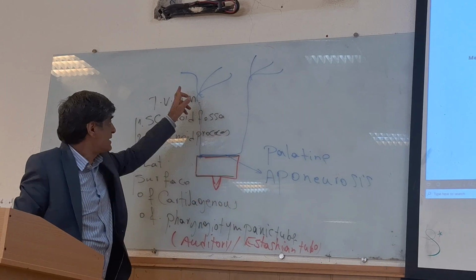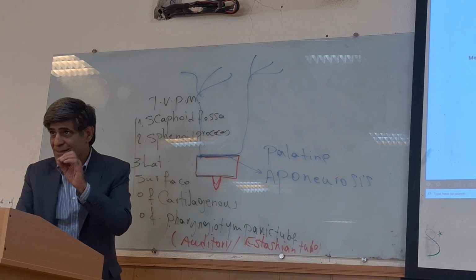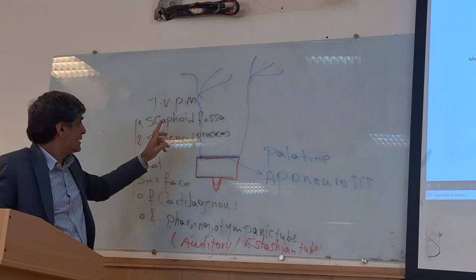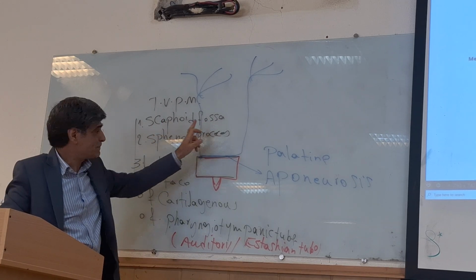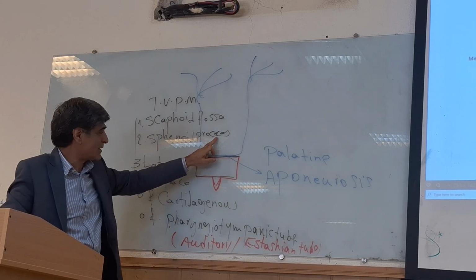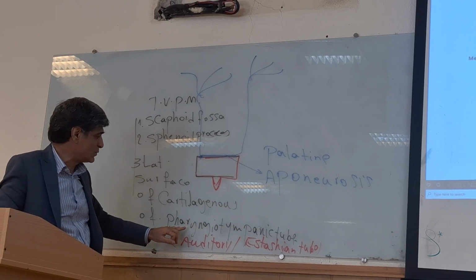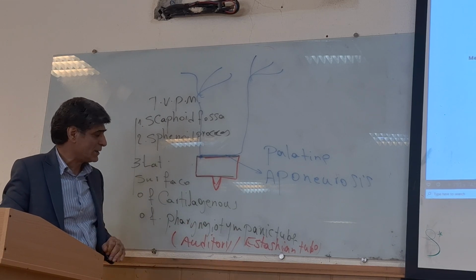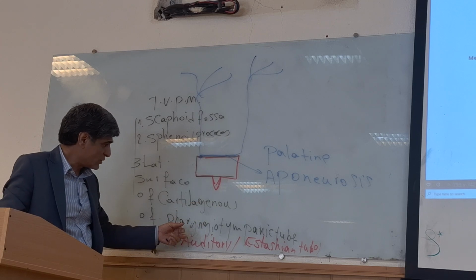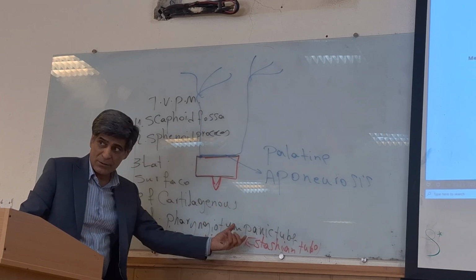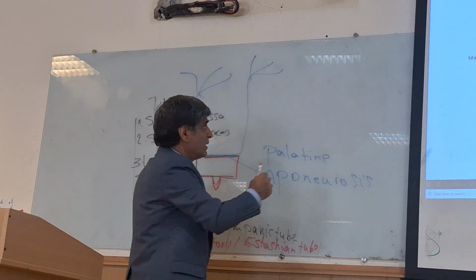So the tensor veli palatini muscle has origin from three structures: the scaphoid fossa, the sphenoid process, and the lateral surface of the cartilaginous pharyngotympanic tube, another name for the auditory tube or Eustachian tube.